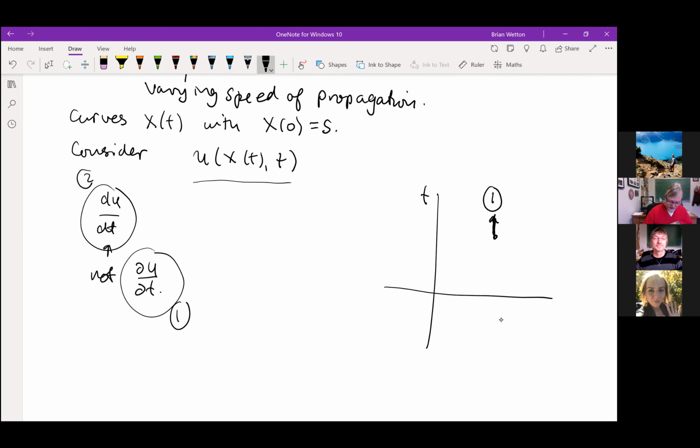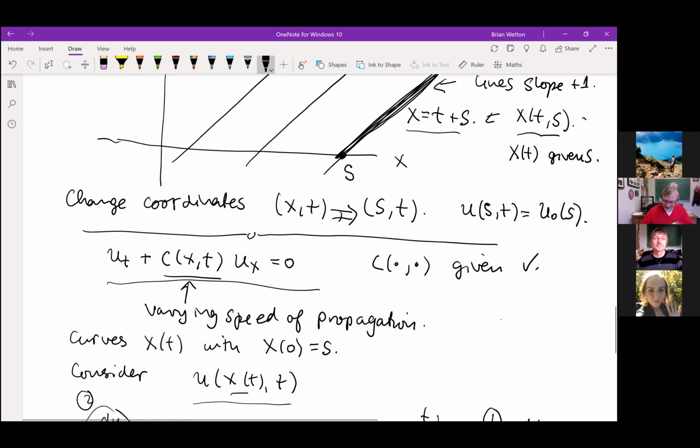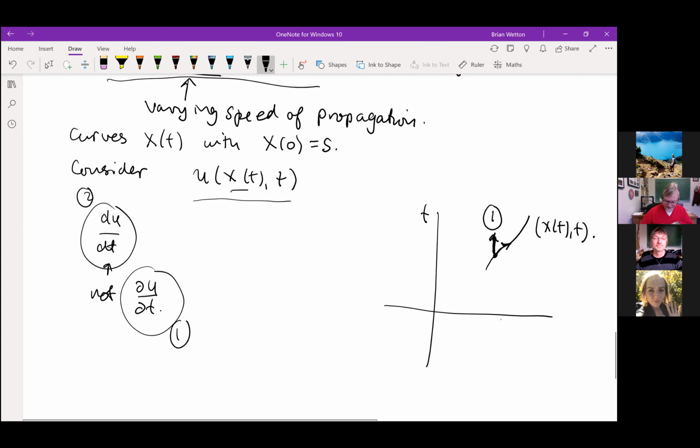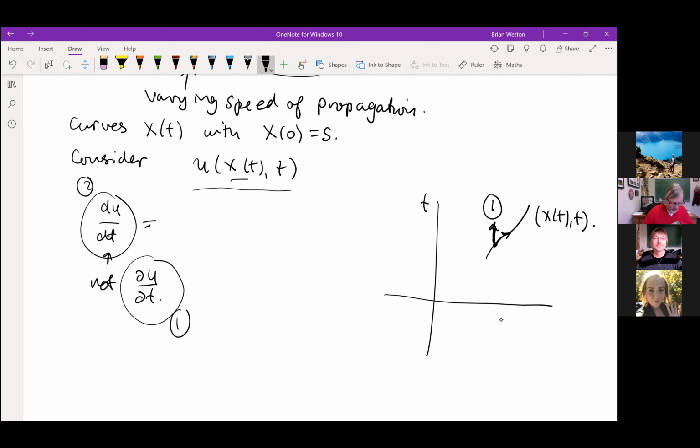This thing is how x is changing as I move along the curve x of t and t. I haven't told you what this curve is yet. I'm going to figure out how that curve should behave to simplify the partial differential equation to an ordinary differential equation. Just like along these curves, we realized that du by dt was 0. It was exactly the same as the initial conditions that you have. Okay, so let's look at du by dt.